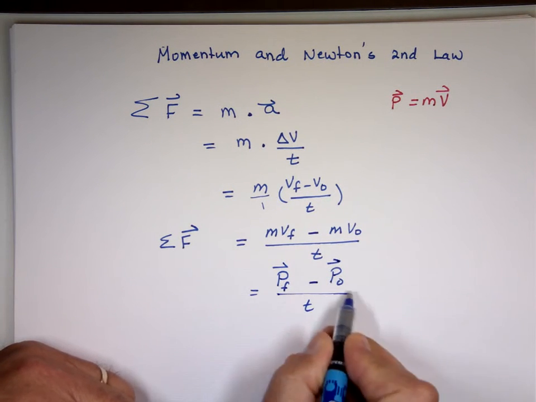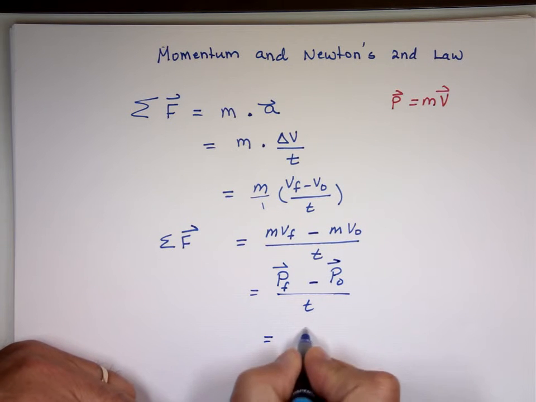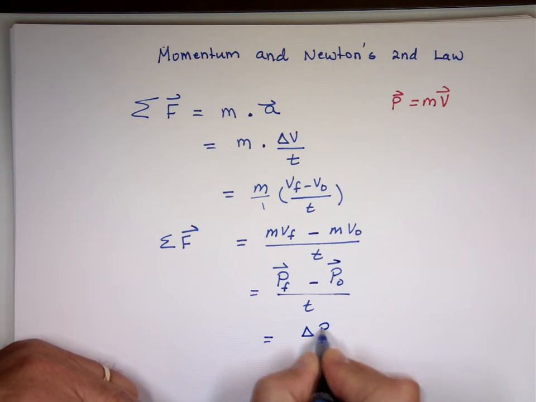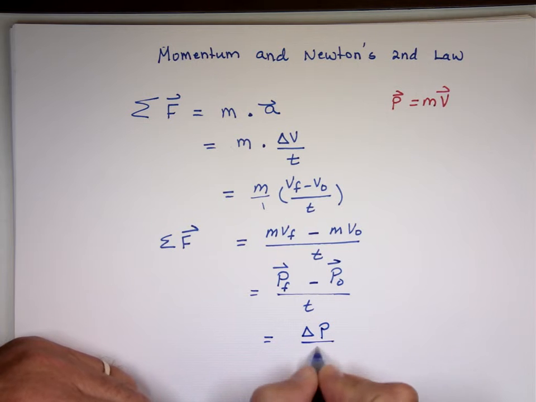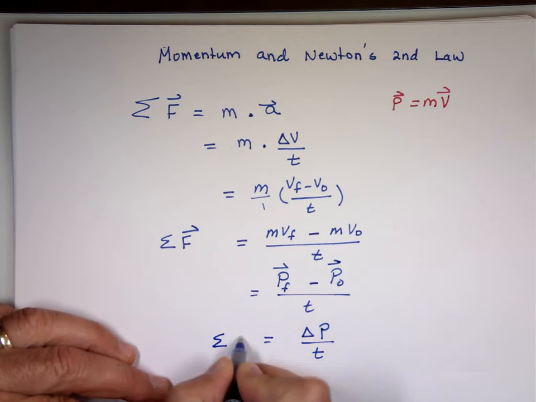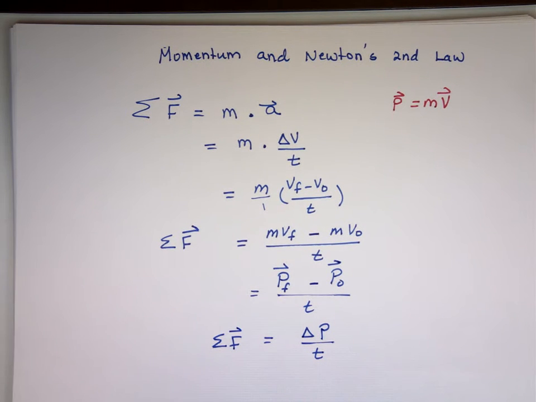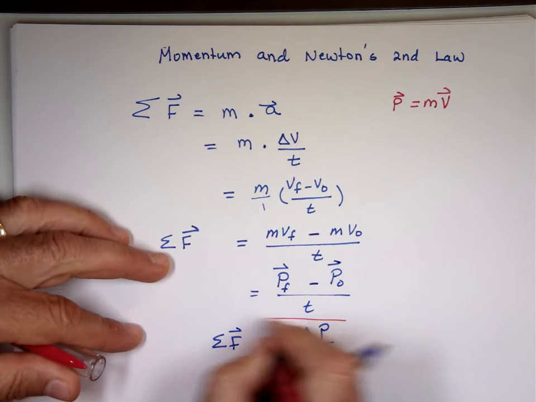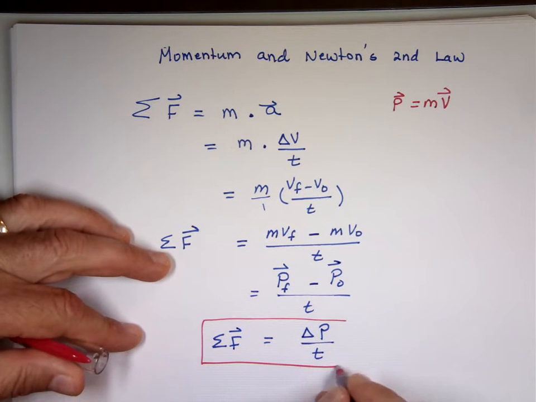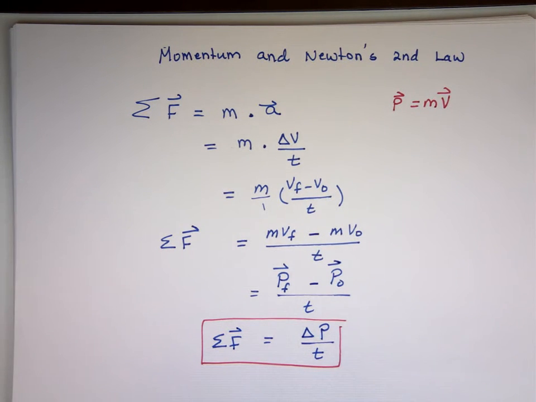Isn't that the change in linear momentum? So that's the equation I was trying to derive: the net force is the change in linear momentum divided by time.